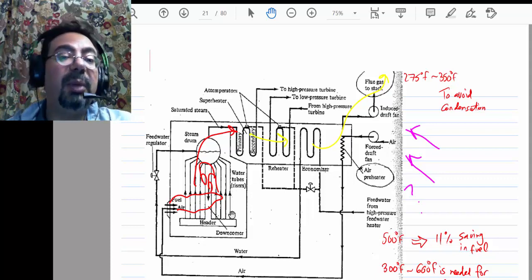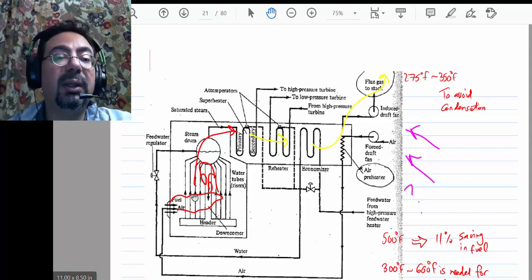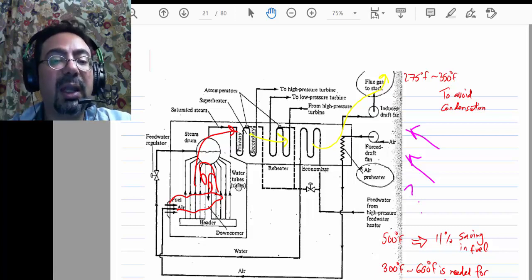People working for these companies know all this. They do all this calculation to figure out exactly how much radiation is going to the different parts of the boiler. So the flame heats the superheater by radiation, and that's why the superheater is the first thing to see the flame. And then after that there is the reheater.